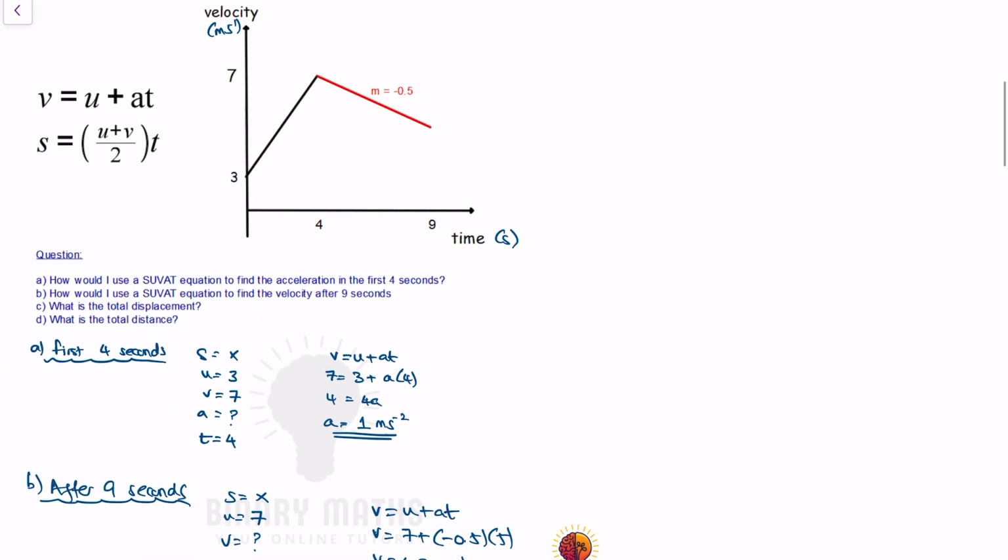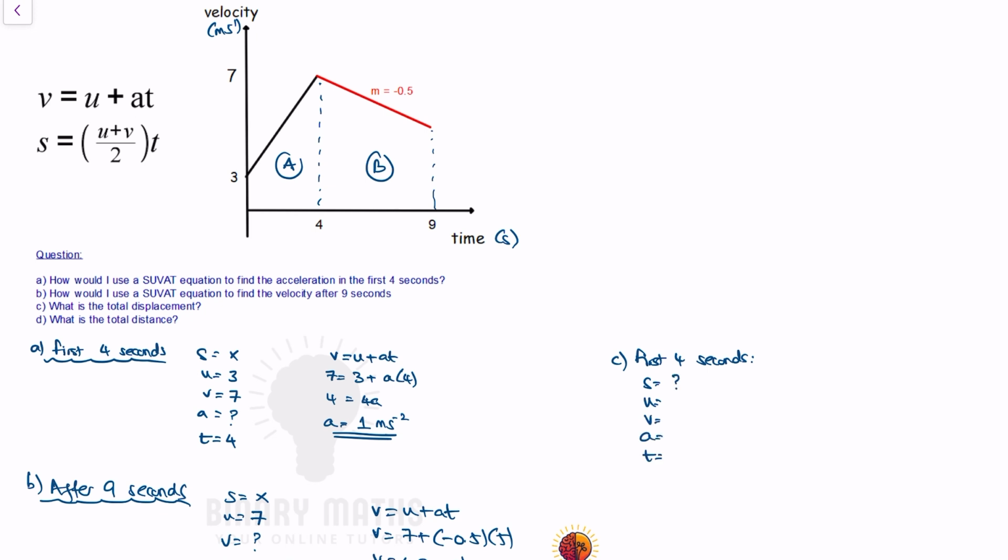Okay, C. What is the total displacement? So displacement is the area, A plus B. When finding the displacement in the first 4 seconds, we're using SUVAT, not previous knowledge of area under a curve.